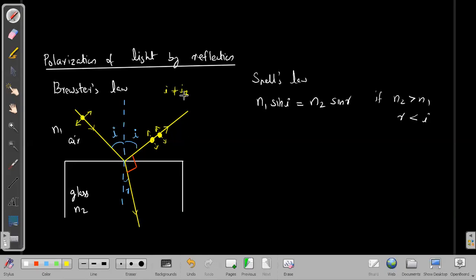If the angle of incidence is not equal to the Brewster's angle, then there would be some portion of P polarization in the reflected light, and the reflected light would be unpolarized.